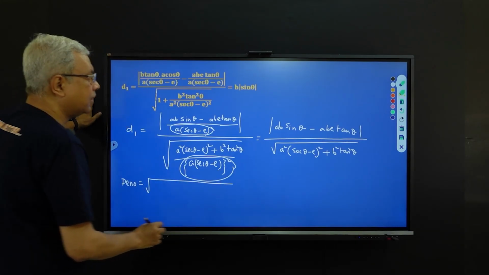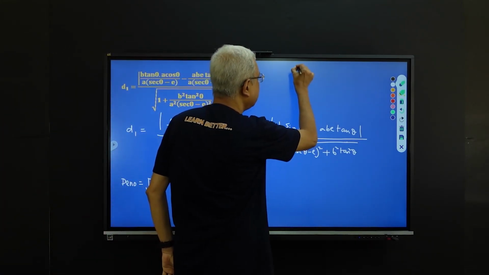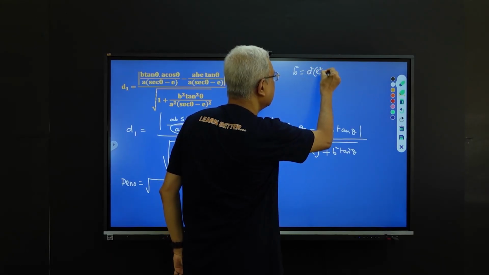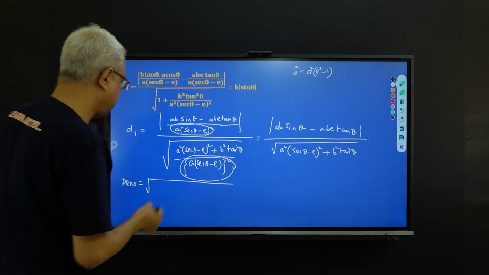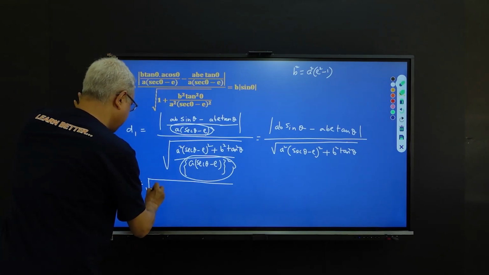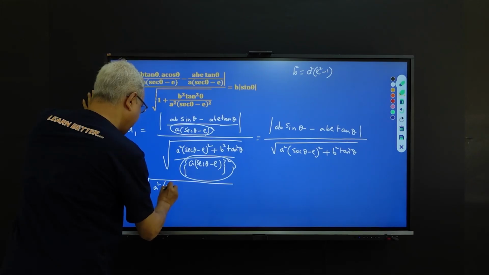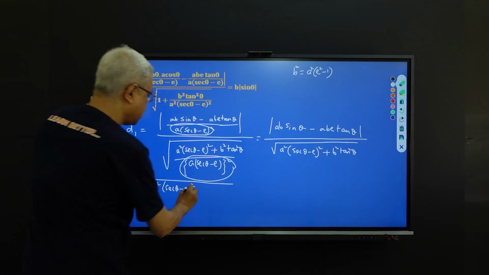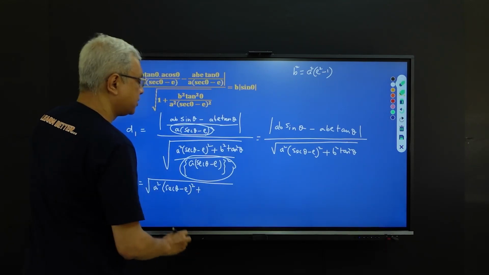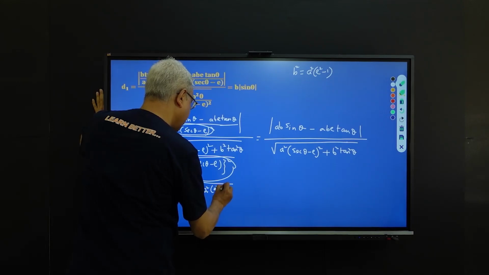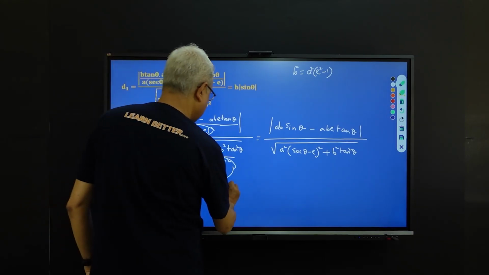Now you all know b square is actually a square e square minus 1. So if I substitute like this, that is sec theta minus e whole square plus a square e square minus 1 tan square theta.